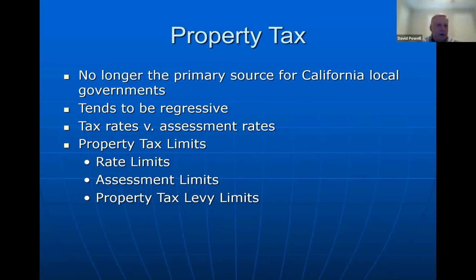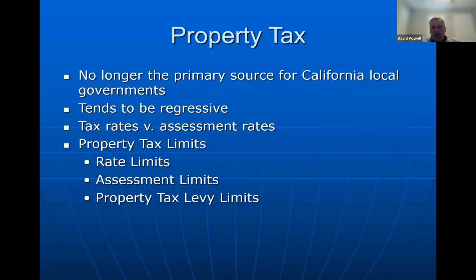So property tax is still important for local governments, but it is no longer the primary source for local governments here in California. Prior to the passage of Proposition 13 in 1978, and we'll spend time talking about the mechanics of Proposition 13, the average local government in California got about 41% of its revenue from the property tax.